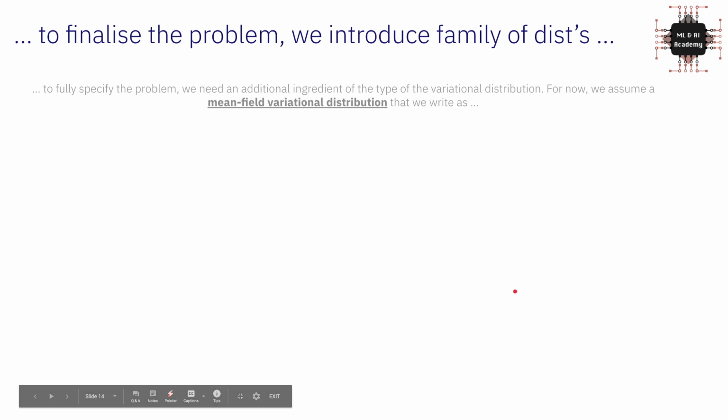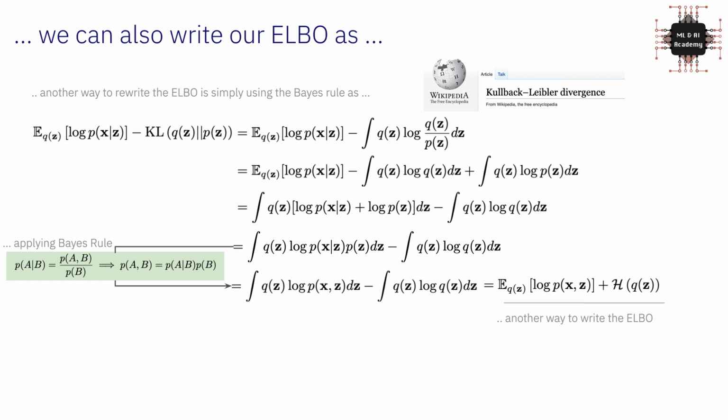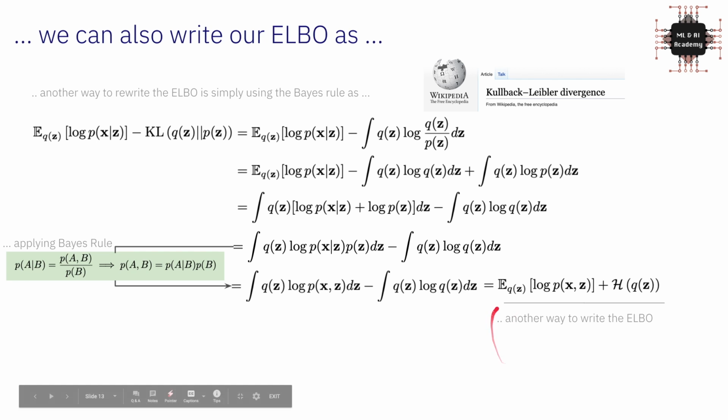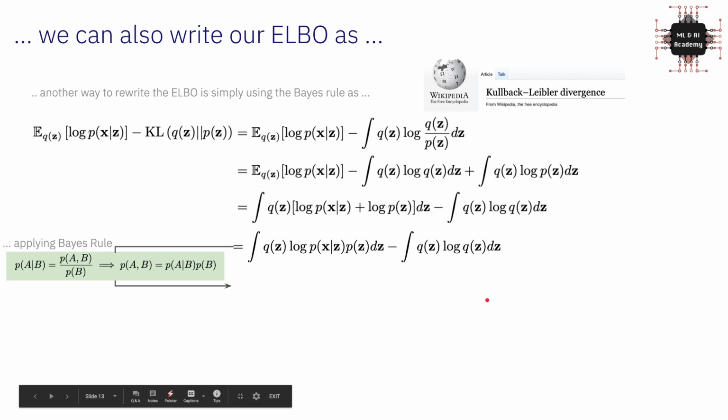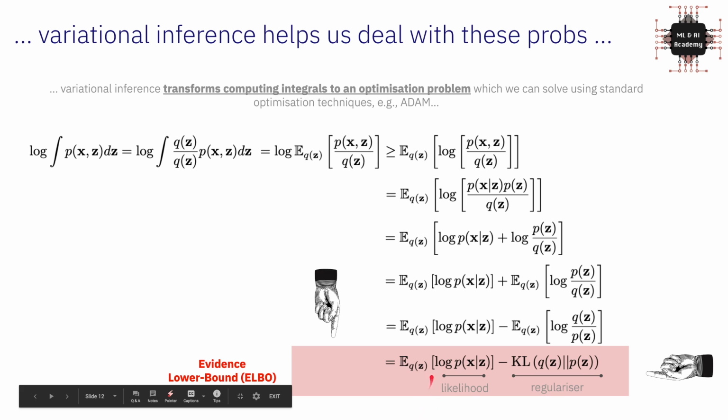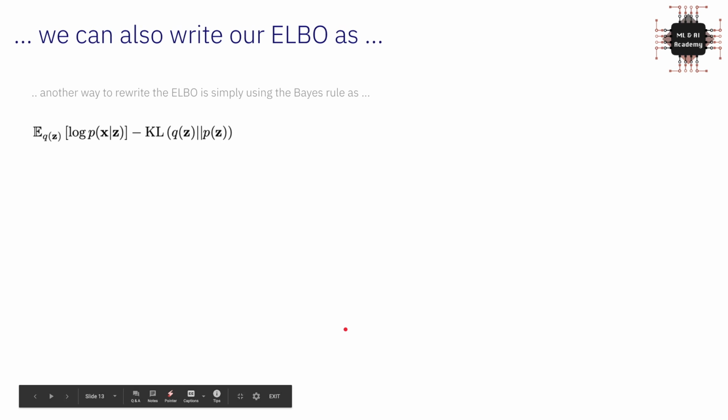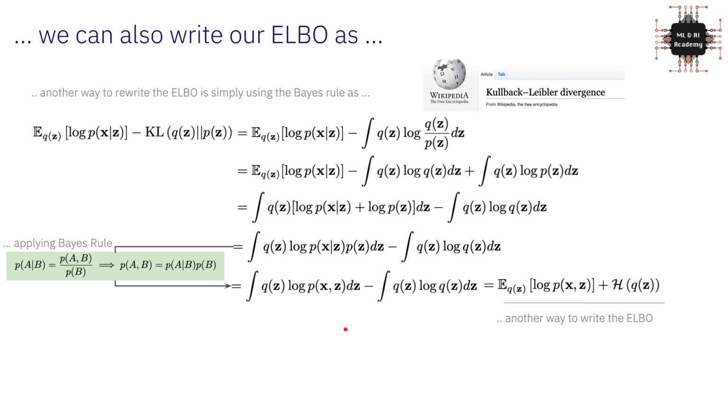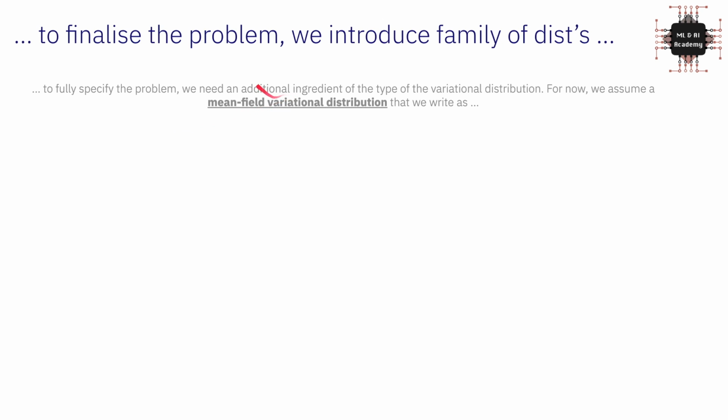Great. So since we've written this, or equally written this, now we need to make an assumption about what type of variational distribution we are going to use in order to conduct our updates. A very common way of doing that is to assume a mean field variational distribution.